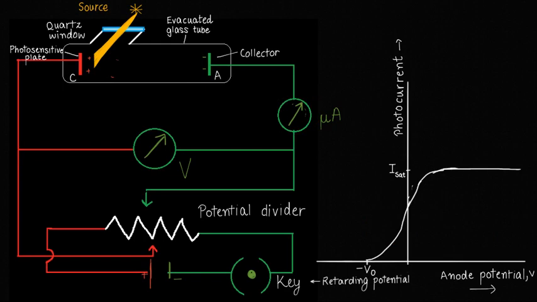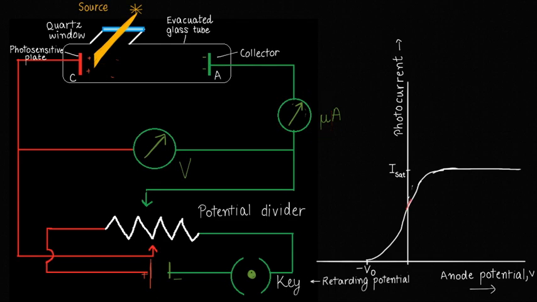The next effect we studied was the anode potential, the potential applied by this potential difference. It was noted that if you increase the applied voltage, more photoelectrons are collected, and more current is generated.